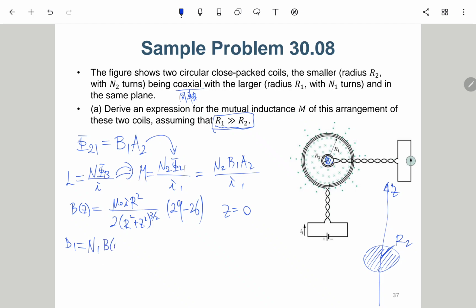So B1 equals N1 times B of 0, where B of 0 is this one, substituting z equals 0. This simplifies to N1 times mu 0 I1 over 2 times R1 squared over R1 cubed, since R squared to the 3 over 2 power becomes R1 cubed.